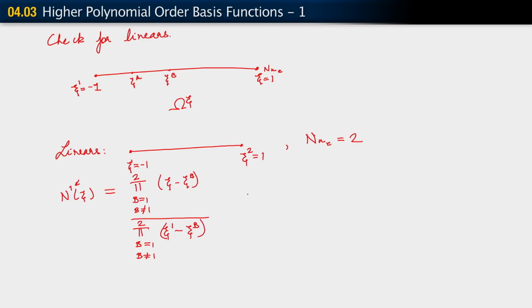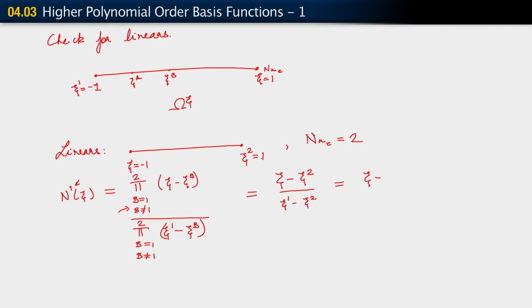Let's work this out in greater detail. The numerator has a single term in the product. It is ξ minus ξ_B. We look at the limits here. B goes from 1 to 2, but B cannot be equal to 1. So B has to be equal to 2. And in the denominator, again, we have ξ_1 minus ξ_2. The numerator is ξ minus ξ_2.